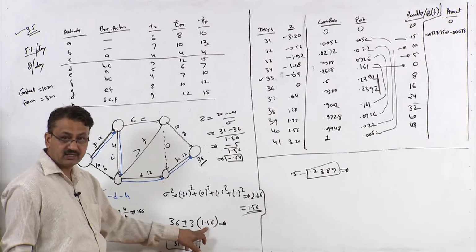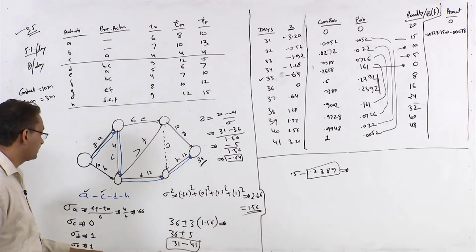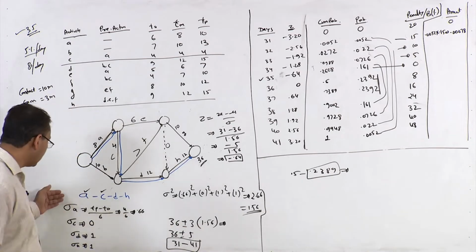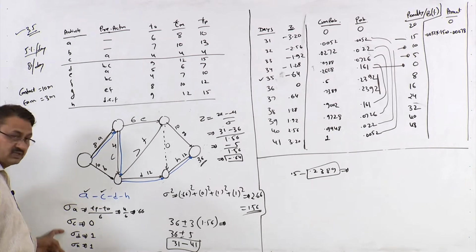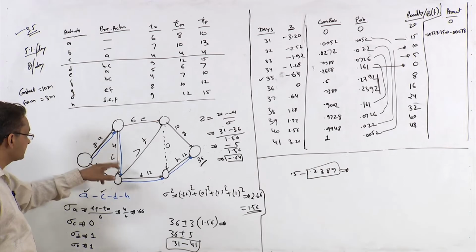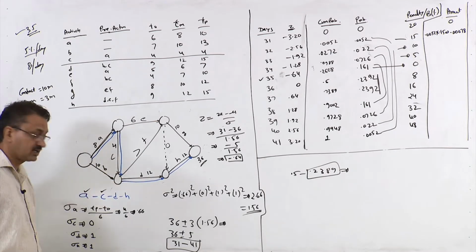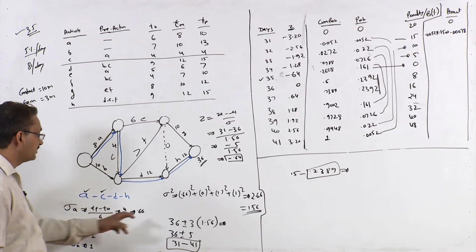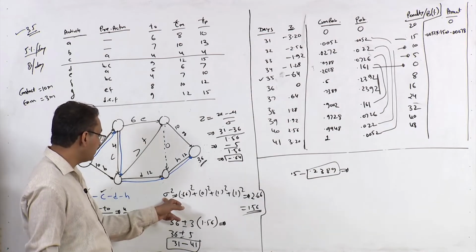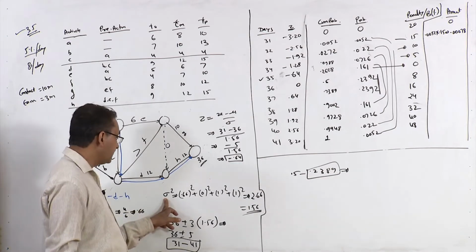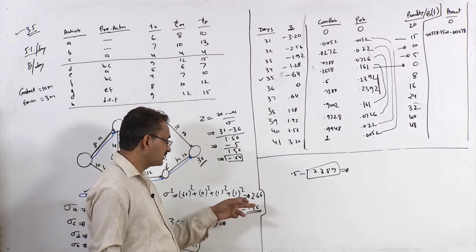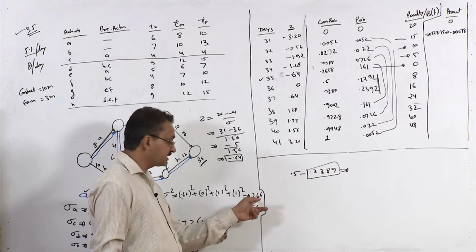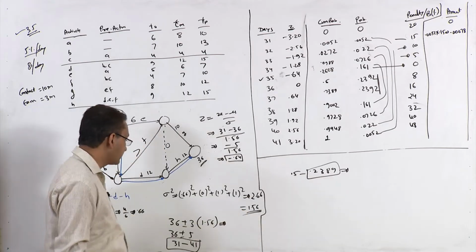And how did we calculate this standard deviation of this project? First we calculated standard deviations of each of these critical activities, A, C, D and H, and then we calculated variance of this project, which is 2.66 and the standard deviation is 1.56.